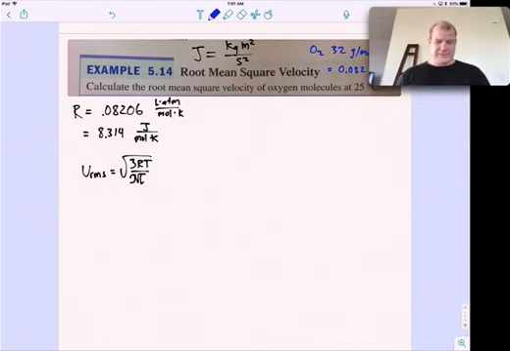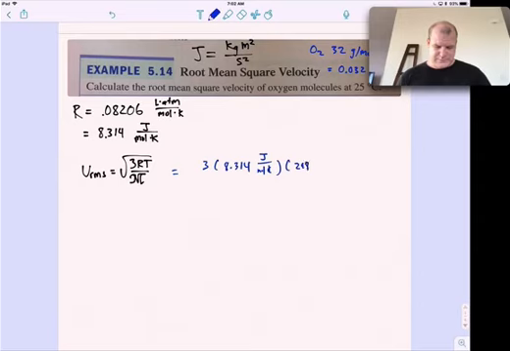Okay, so what is the root mean squared velocity of oxygen at 25 degrees Celsius? So let's do this. And one thing to note though, you have to have the mass of the gas in kilograms per mole. I know you're used to 32 grams per mole, but now for oxygen it's 0.032 kilograms per mole. So let's put in the numbers. 3R, 8.314 joules per mole Kelvin.